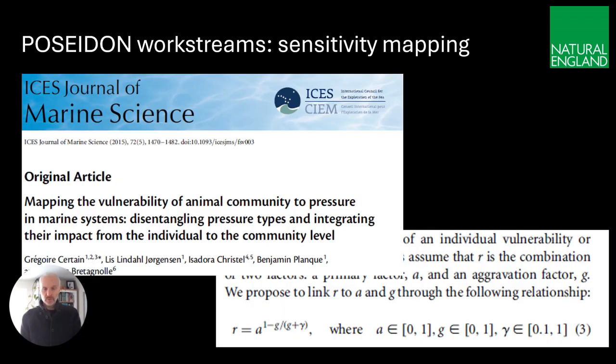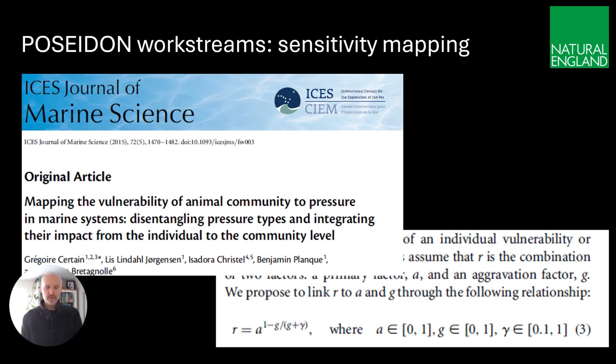Having built the spatial models, the next step is to turn these into sensitivity maps, and we do that by the methods outlined in this paper by Certain et al. from 2015, which is specifically about how to map vulnerability of animal communities in marine systems to various pressures. Obviously, we're looking specifically at offshore wind.